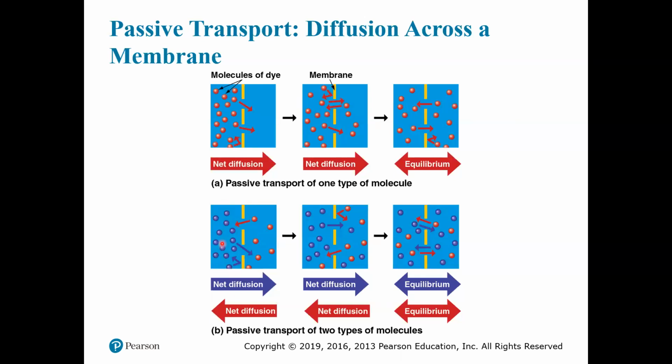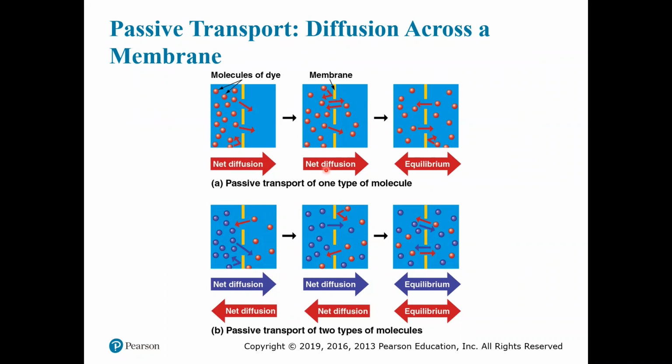So there's a higher concentration of purple molecules on the left, higher concentration of red molecules on the right. So the purple molecules will diffuse from left to right. The red molecules will diffuse from right to left based on their concentration gradients, and they will do so until that equilibrium is set, until those molecules have filled that space.